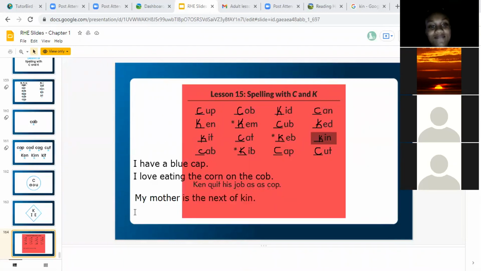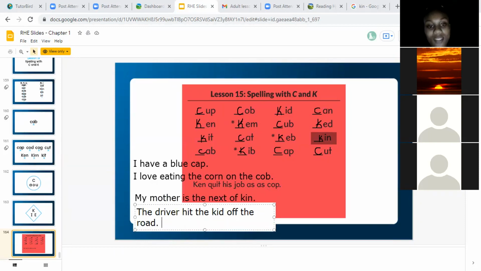Is it a goat kid, miss? Well, it could be a goat kid. The driver let the kid off the road. Let's refer to that kid as a goat.